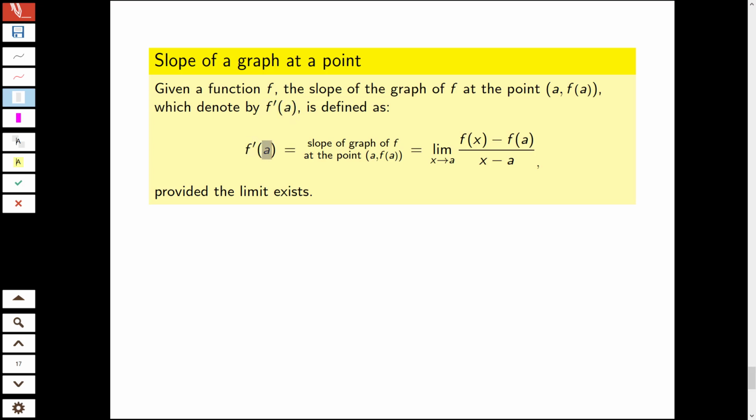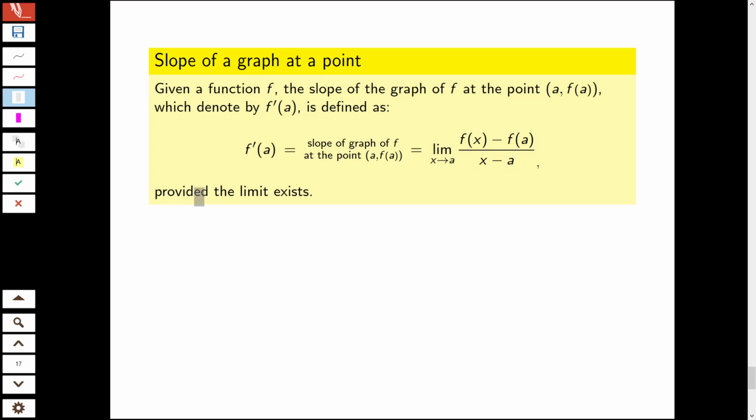So f prime of a is representing the slope of the graph of f at this point, and it's defined to be the limit as x approaches a of this expression, f of x minus f of a over x minus a.